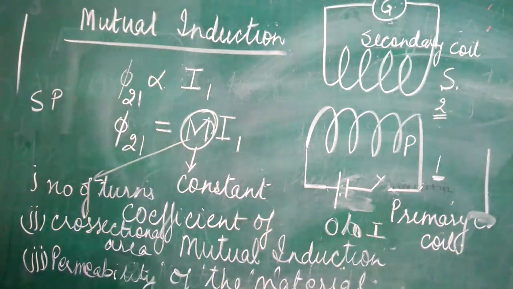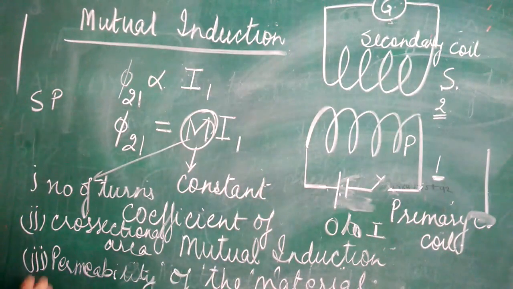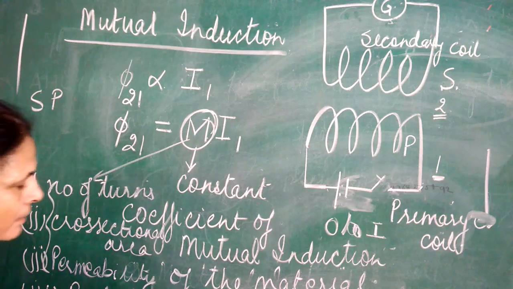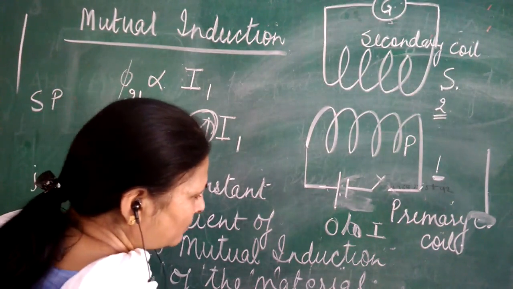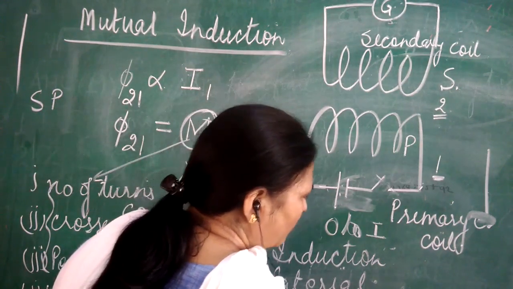One more factor which will be introduced here is the relative orientation of the two coils. These three points are the same. This fourth one is different, that is, the relative orientation of the two coils.